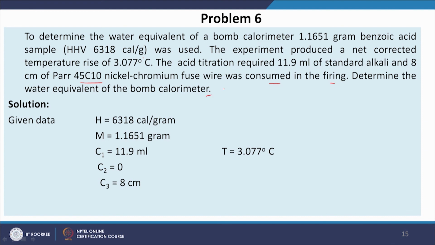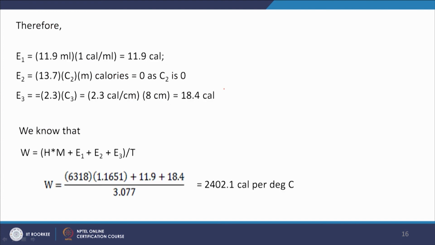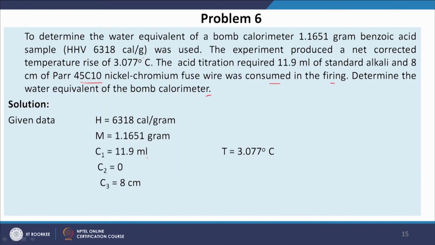As just discussed, we can calculate the water equivalent by this formula: (H into M plus E1 plus E2 plus E3) divided by T. In this case H is given, M is given, C1 is given, and C2 is very important, because we are taking pure benzoic acid, which does not have any sulfur.